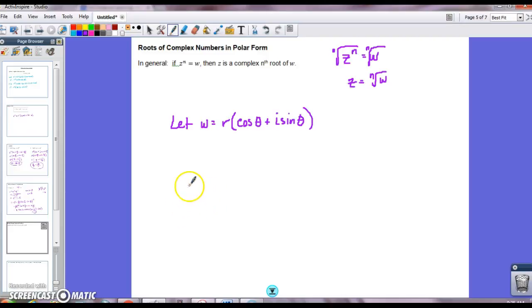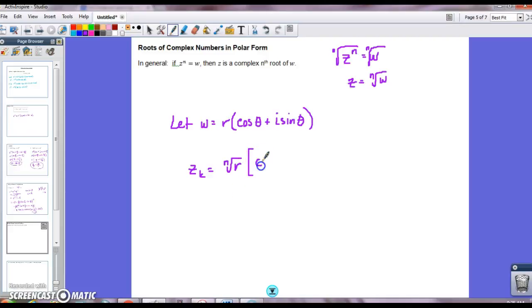So let me write that out for you, and then we'll talk about it a little bit. So I've got z to the k is going to be the nth root of r. So instead of raising everything to a power, we're now taking the root of it.